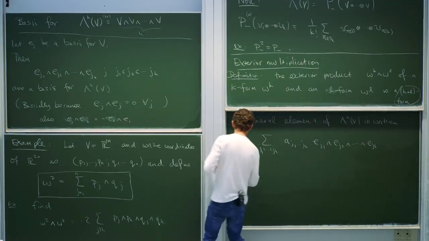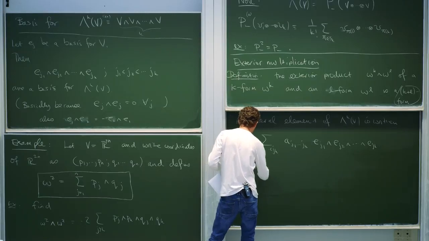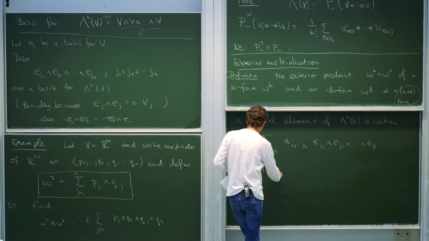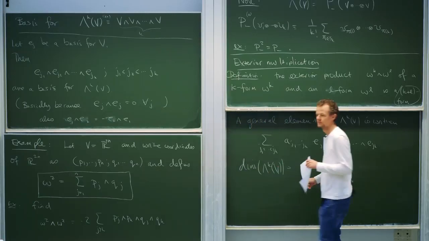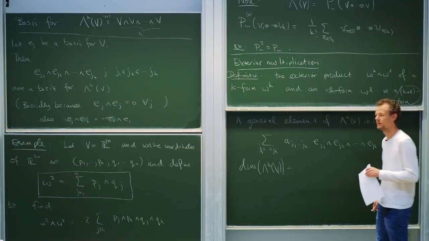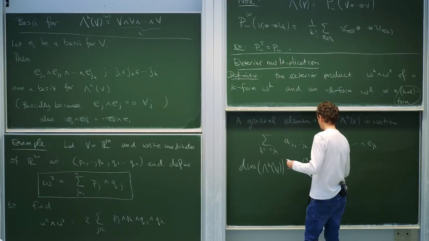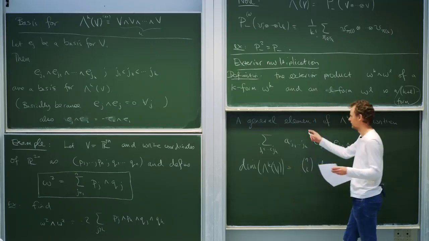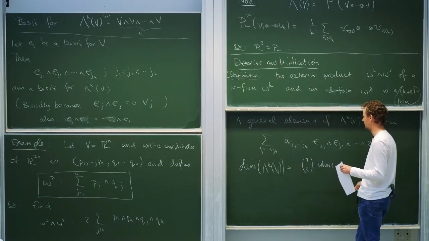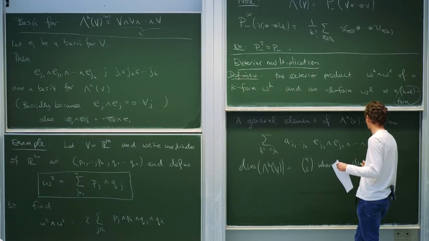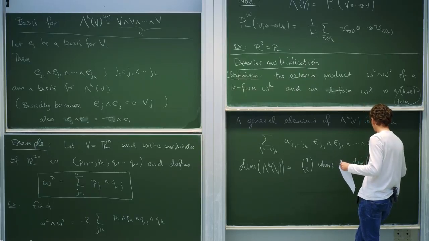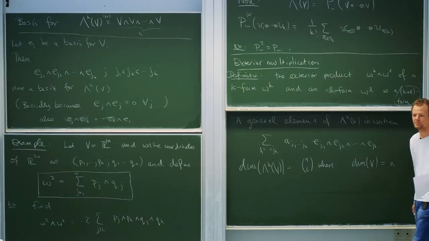And it's a pretty quick consequence. Remind yourself of some permutations and counting problems, and you should convince yourself that the dimension of our wedge^K V vector space is N choose K, where our vector space V had dimension N.